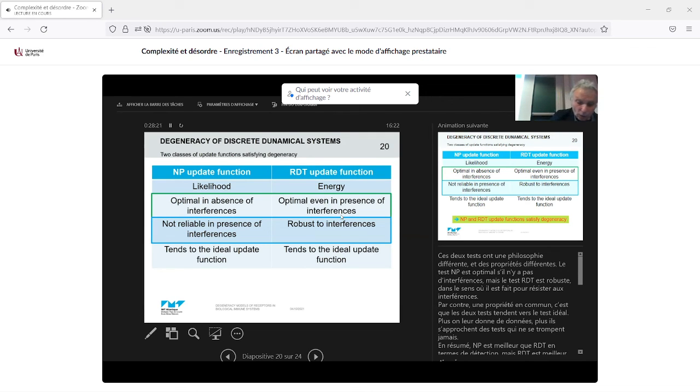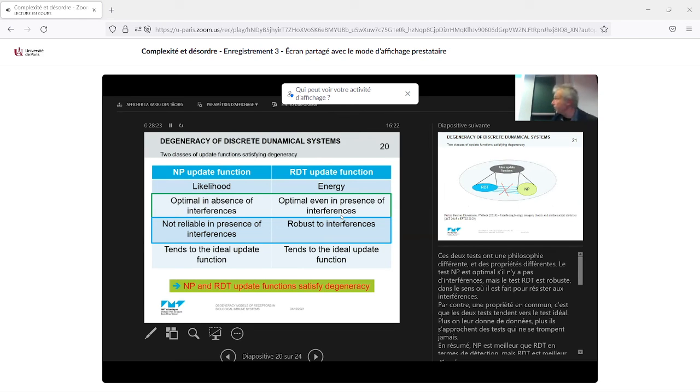And these two functions share the same property, that is, they tend to the ideal update function, that is, the update function that would change state without any error.